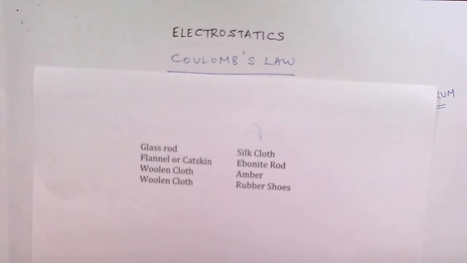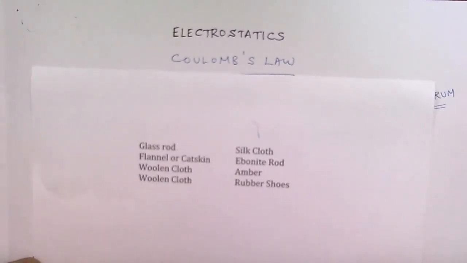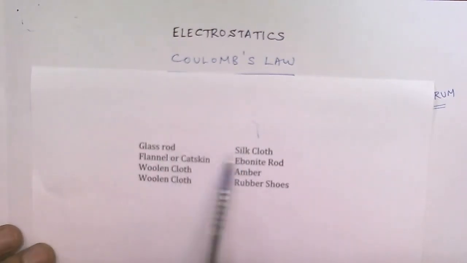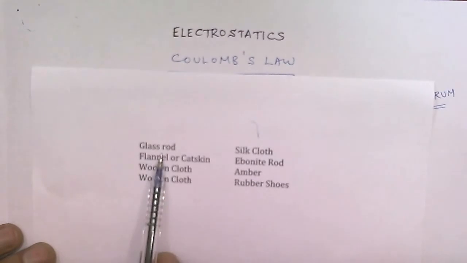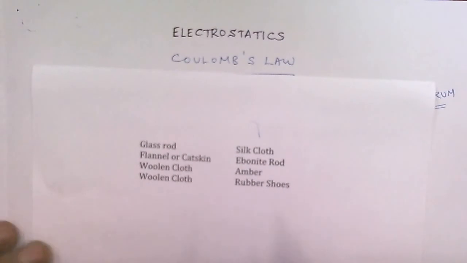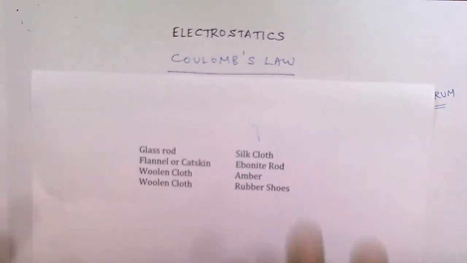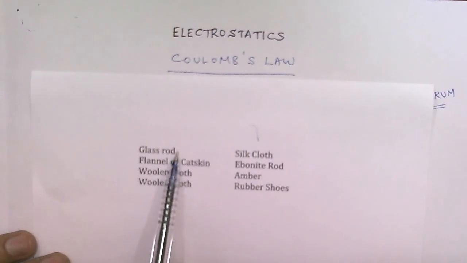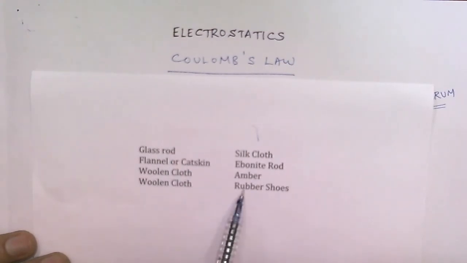Now let us say we have all these items, and we rub them with their corresponding substance. We rub the glass rod with the silk cloth, and we rub the flannel with the ebonite rod, and so on. So we have 8 things on our table. Now the interesting thing that researchers have found out is the glass rod also attracts rubber shoes.